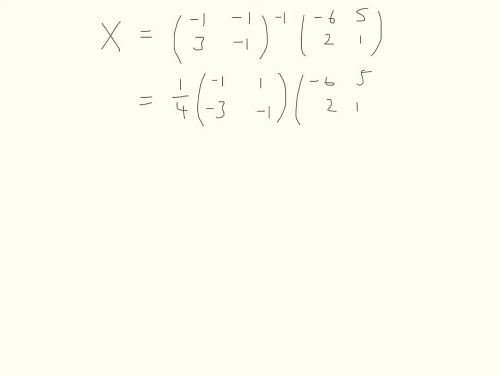From this stage it should be very easy to work out X, so pause the video and do that. Multiplying those matrices, you should have got 8 minus 4, 16 minus 16, and therefore X equals 2 minus 1, 4 minus 4.